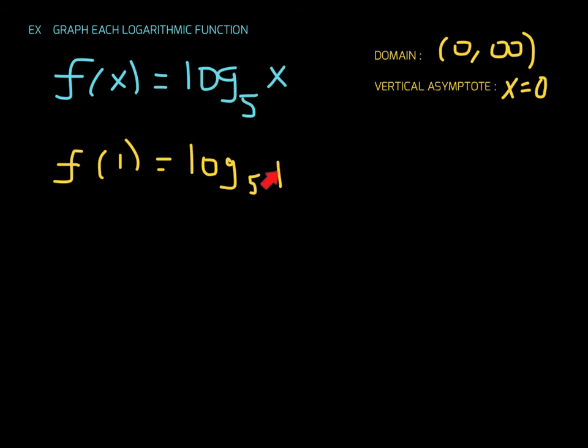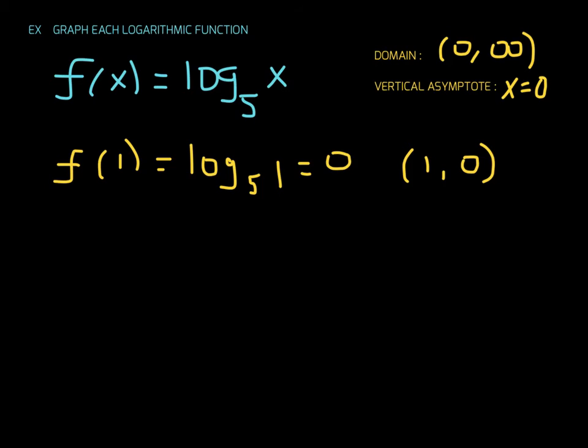What would you have to raise 5 to in order to get 1? 5 raised to the power of 0 gives you 1. So therefore, your ordered pair is, don't forget that we let x be 1 and our output was 0. So there's 1 point already that's on our curve.